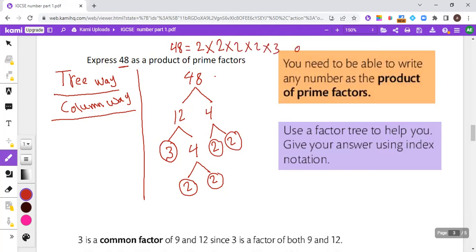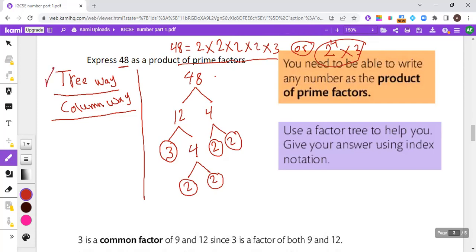But mister, can I write it like this as Zena said, 2 to the power of 4 multiply 3, because we have 4 twos? Yes, correct. Okay, guys? That is the prime factors of 48. And this is the tree way.